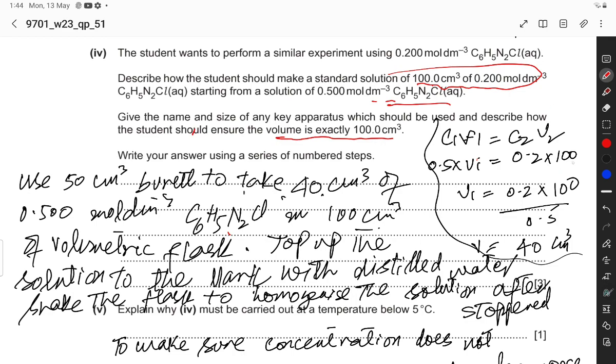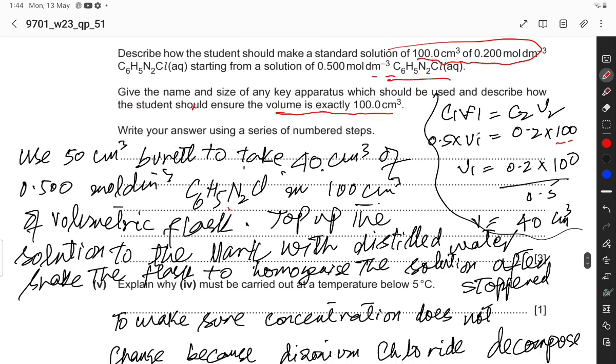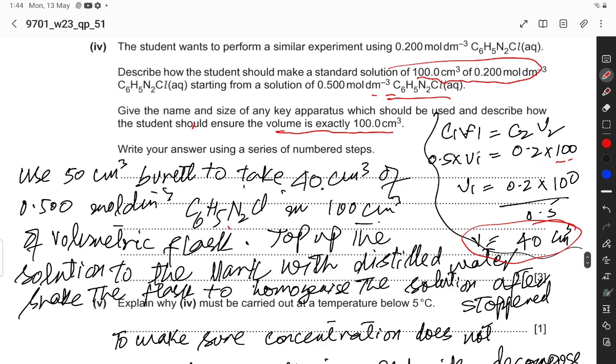We make this solution up to 100 centimeter cube. So V1 is equal to 0.2 into 100 divided by 0.5. By cross multiplying, we get the volume is 40 centimeter cube. So in this way we can find out the volume of the starting solution.